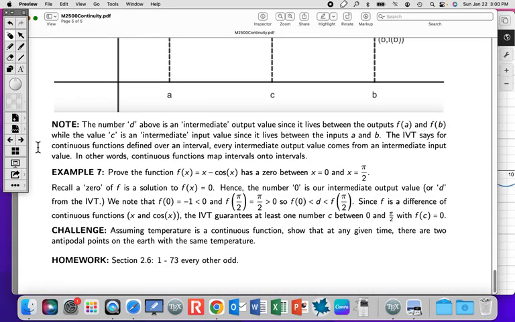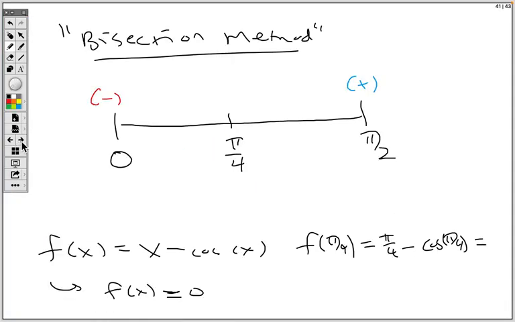Well, that's a positive number. So that means if I'm looking for where the function is 0, I'm not guaranteed we've got something over here, but it's going to have to happen between 0 and pi over 4 because that's where we change sign from negative to positive. So I know the 0 has to be in here somewhere.